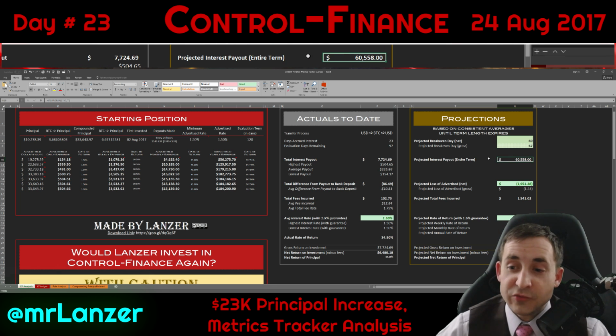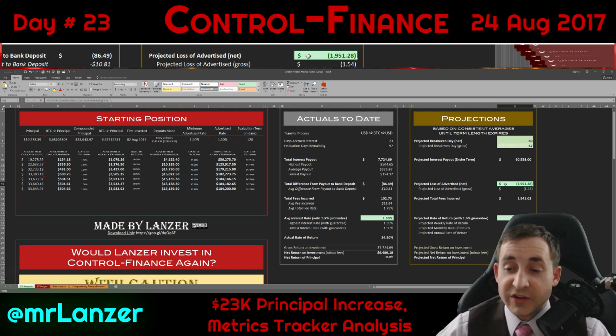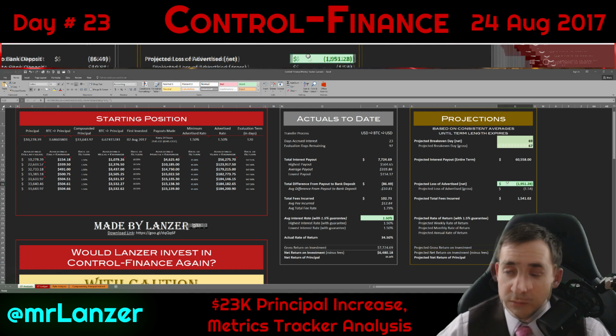Projected interest payout for the entire term of 120 days is going to be $60,000. The projected loss is $1,900, and that will be from fees mainly.